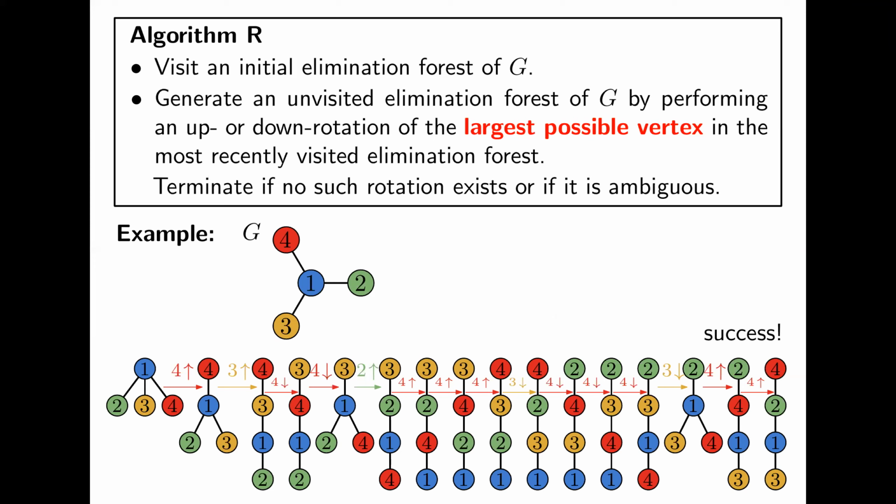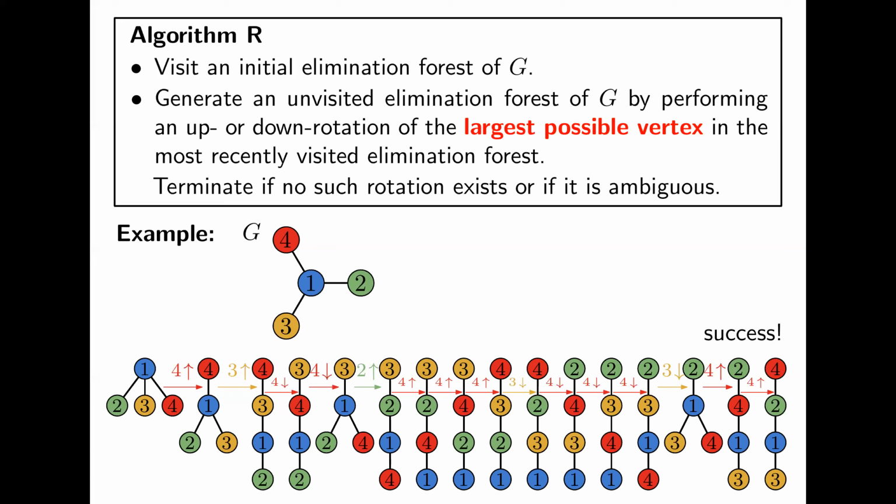It doesn't matter if you go first up or down when you have a choice? That's a good question. This is one of these ambiguity cases. The way that the algorithm is stated, it only works if this is a non-ambiguous case, and it would give up if there was an ambiguity.